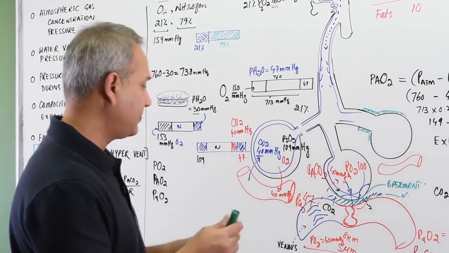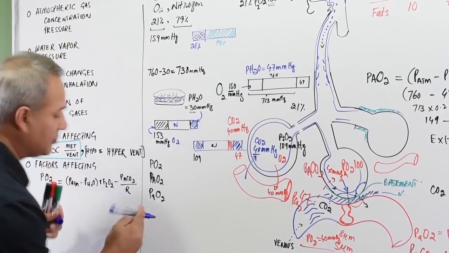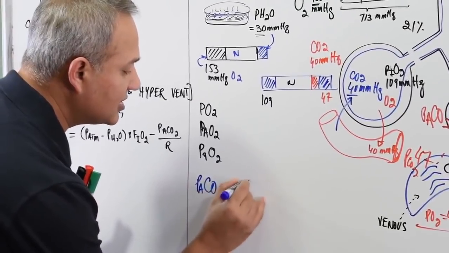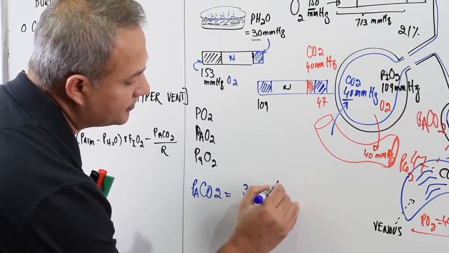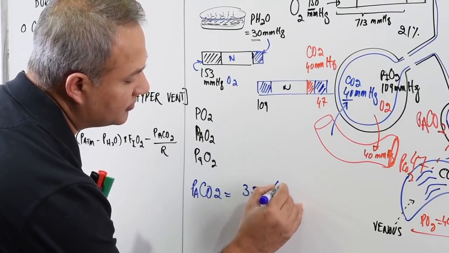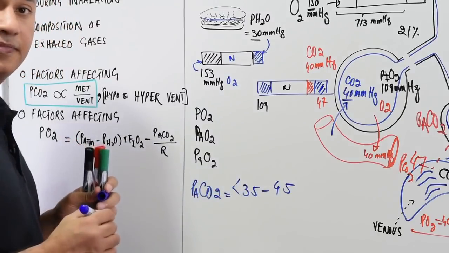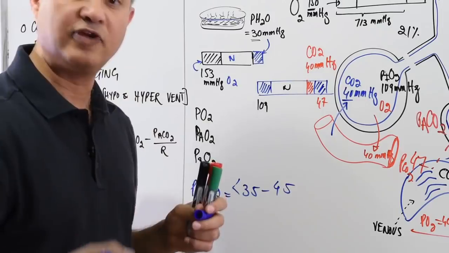Look, normally the PaCO2 range is 35 to 45. So if it is lesser than 35, for example, I'm standing here and I'm hyperventilating.